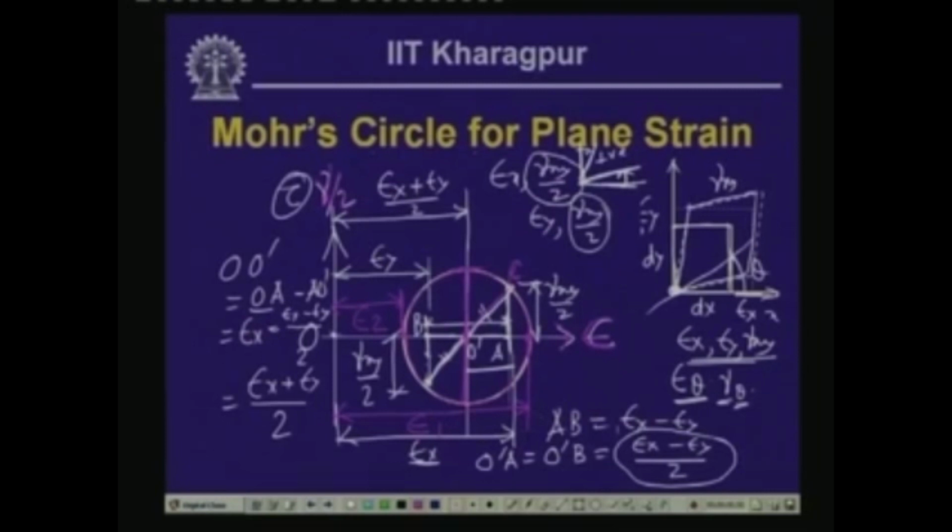So, if we know epsilon x, epsilon y and gamma xy, then we can compute the value of epsilon 1, compute the value of epsilon 2 and the shearing strain.